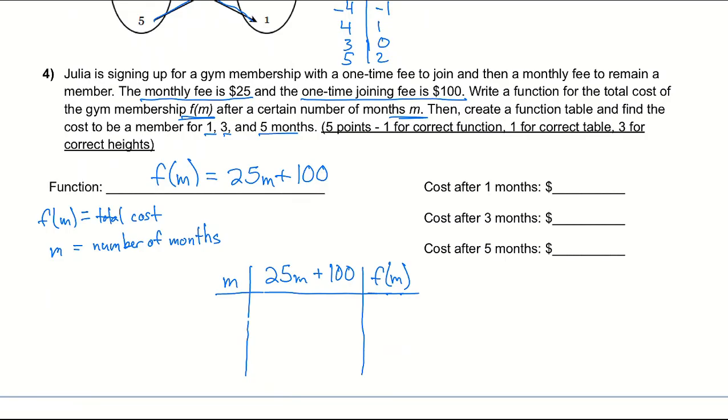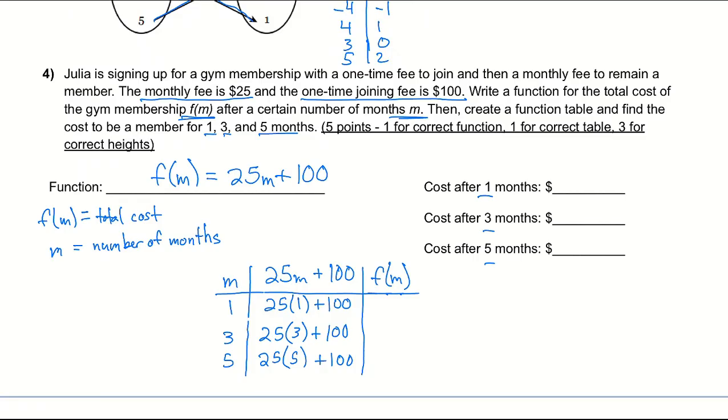It wants us to find 1, 3, and 5 months. So substitute 1, 3, and 5 in for the number of months. And then you just need to use a calculator.